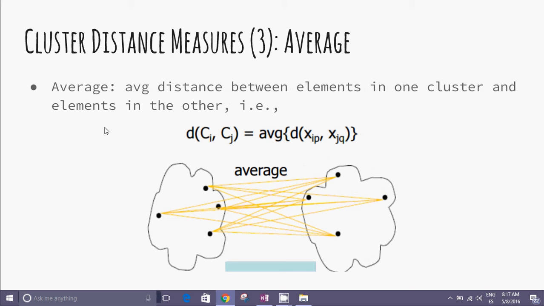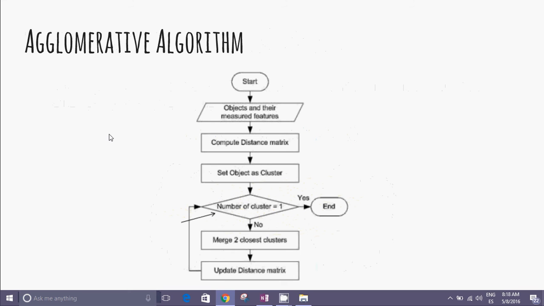The evident third approach is average. Cluster distance measure average is the average distance between elements in one cluster and elements in the other cluster. And the agglomerative algorithm is designed in this flow chart.